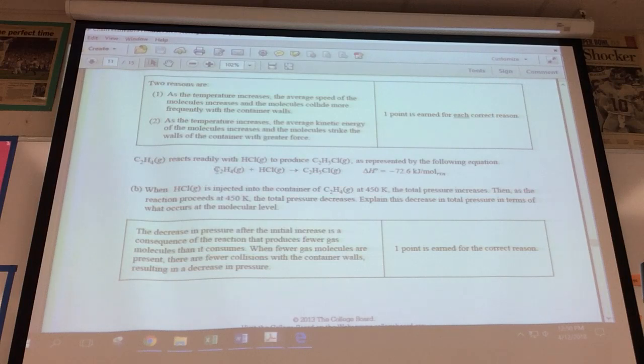And what you're looking at here is you have 2 moles of gaseous reactant, you generate 1 mole. You know moles and pressure are directly related based on PV equals nRT. As you generate 1 mole of gas compared to the 2 moles of gas you started with, you have a decrease in moles, hence a decrease in pressure. It says when fewer gas molecules collide, due to fewer being present, you're going to get a decrease in pressure.